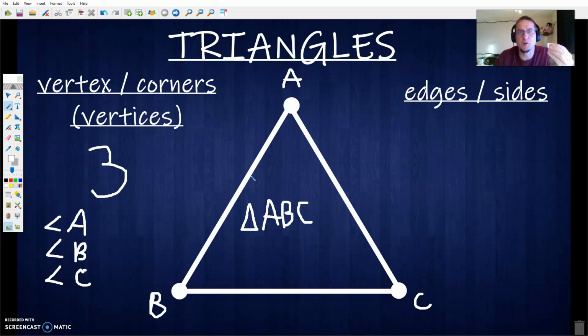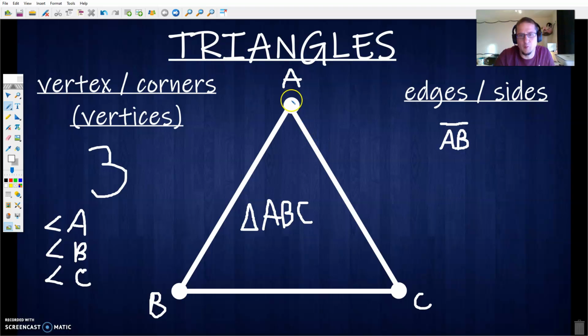Those three corners then produce three edges or sides, and those are going to be the lines that connect the corners. These are going to be represented by the two letters that make up the line. So we have edge AB. To show that we are talking about the line segment that connects those, we're going to put the line over top of it.